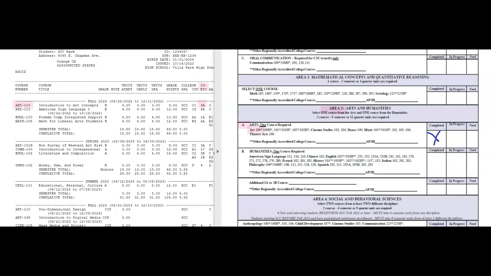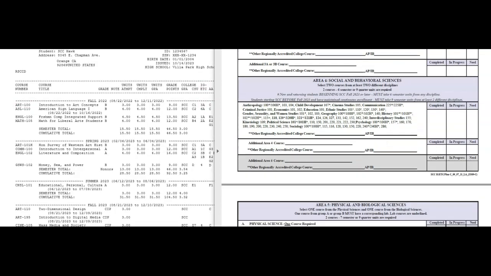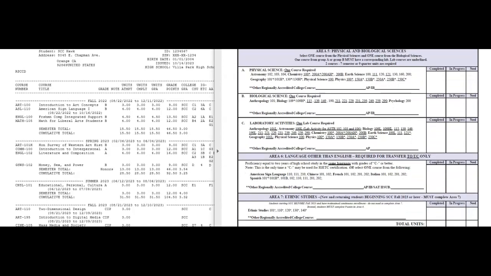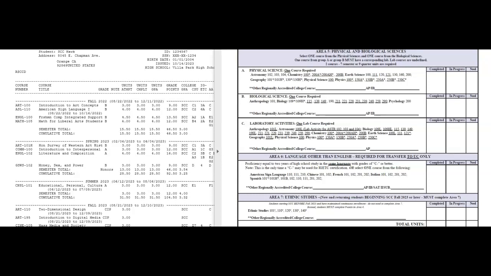Okay, and for this particular student, they took ASL, and for Plan C, ASL belongs in Area 6A. So we have to scroll down to Area 6A here and mark that out. Here's the ASL 110 under Area 6 for a Get C, and then we would mark it as completed.